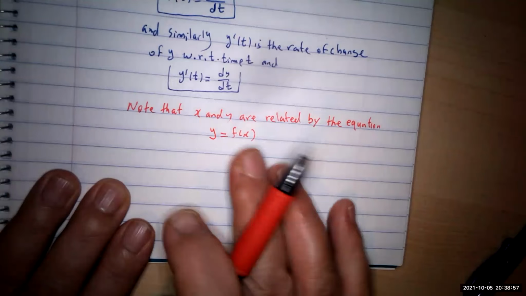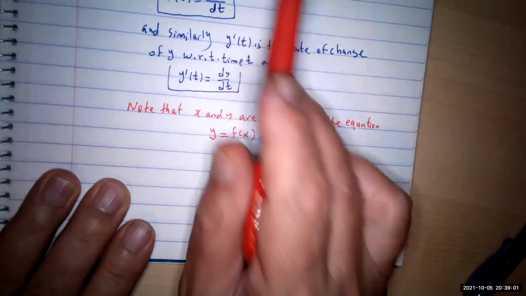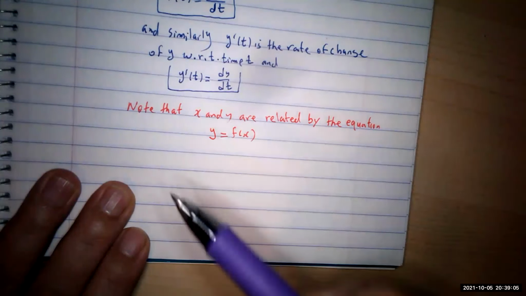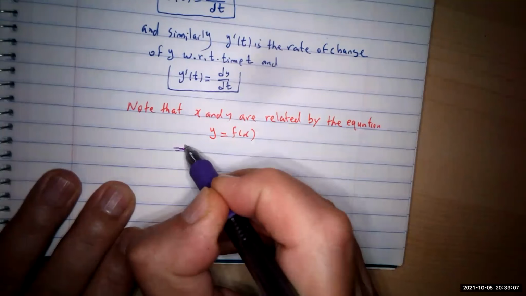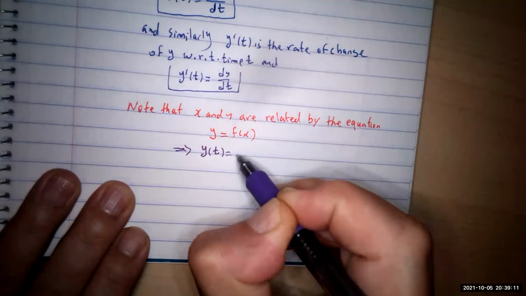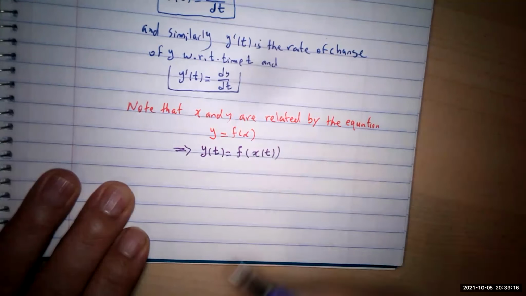If you change x into x of t and y into y of t, we have a new situation. You get y of t, and this is going to be f of x of t.